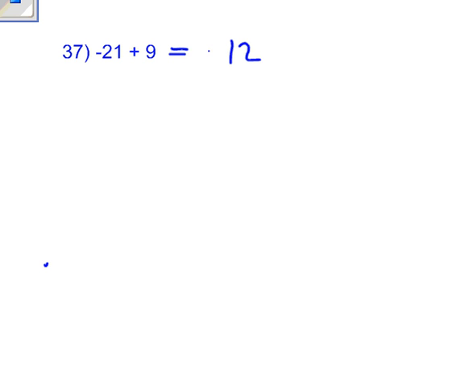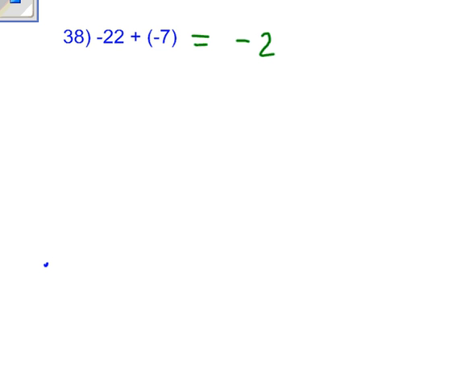And since the largest number is negative, our answer will also be negative. 38, we've got negative 22, negative 7. They're both negative, so our answer is going to be negative. 22 plus 7 would be 29. So our answer is a negative 29.